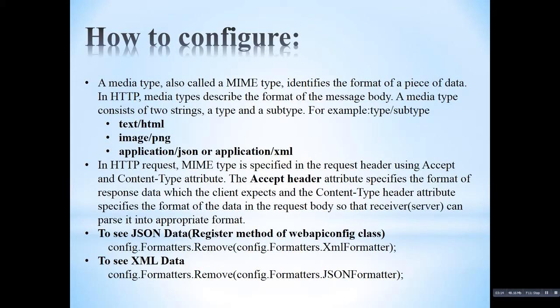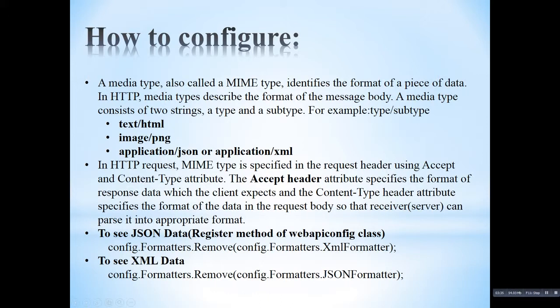How to configure the media type formatter? The media type is in a type/subtype form. You can see here text/html or application/json or application/xml. Here application is a type and XML is a subtype.